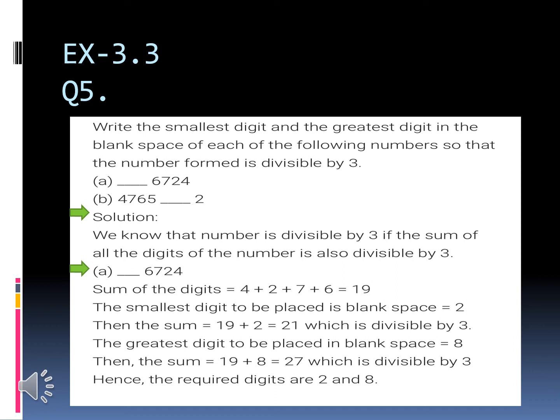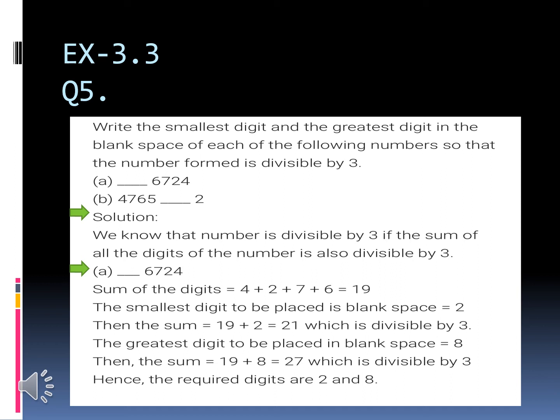Now let us try to find out the greatest digit that can be placed in this blank. Now if we add 3 with 19, you will get 22, not divisible by 3. Now you can just add 4, add 5, add 6, add 7, add 8, okay? And then you can see the answers. If the answer is divisible by 3, then you can select that digit.